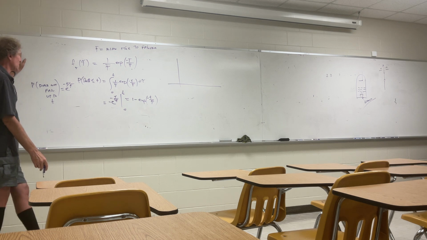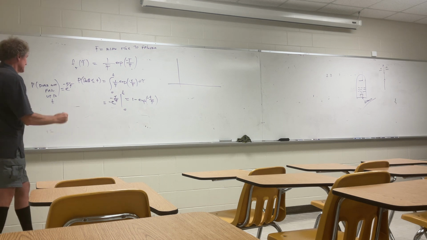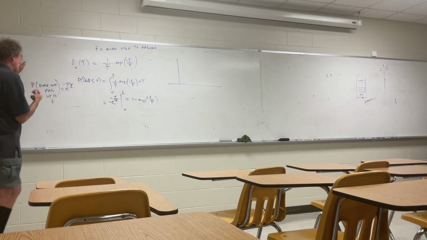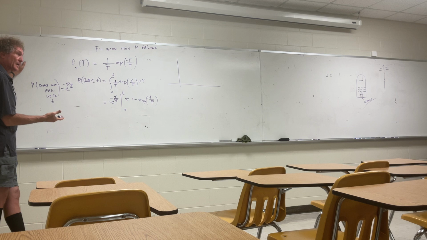And you can see the probability it doesn't fail, this is supposed to be the mean time to failure, asymptotically goes to 0 as t goes to infinity. Can you all see that, class?